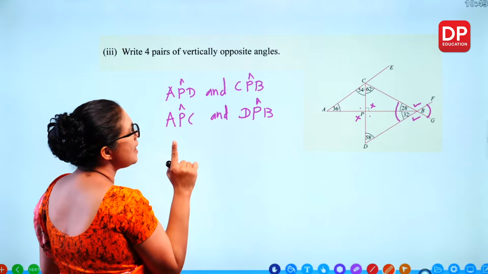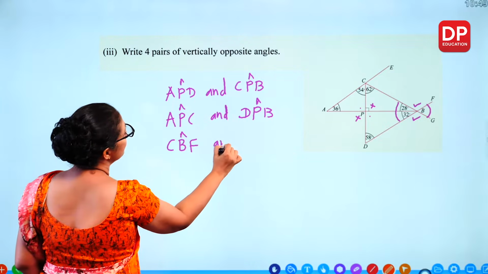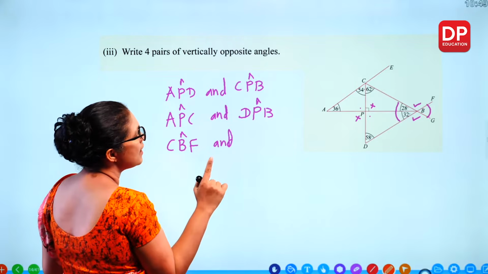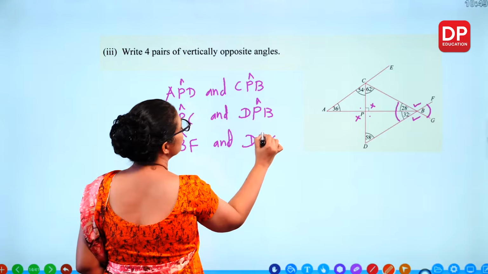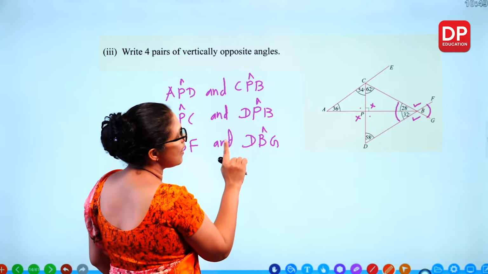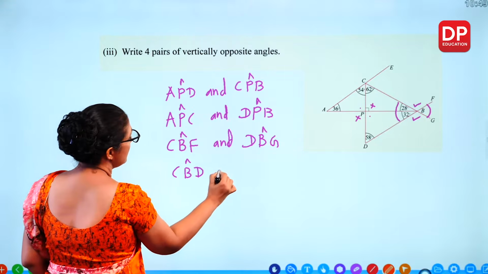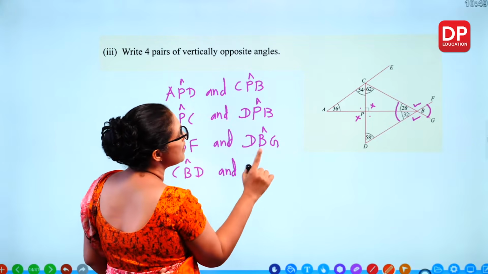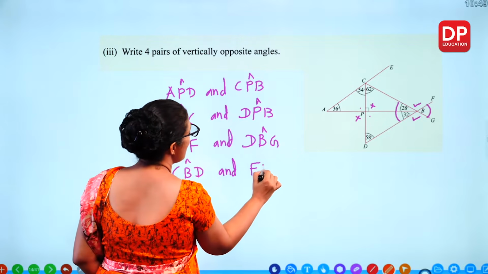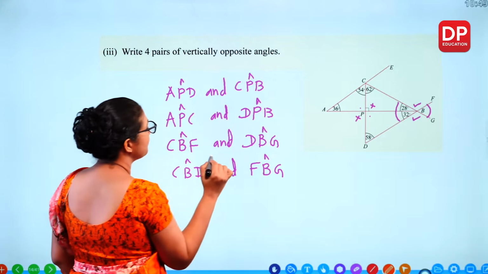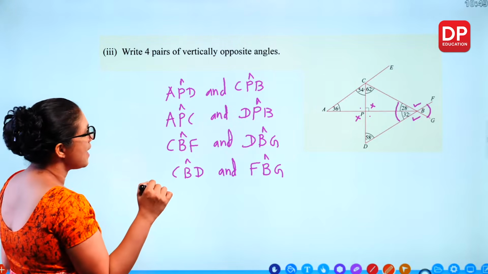Other side, CBF angle with DBG. And this side, CBD angle with FBG. So those are the 4 pairs of vertically opposite angles.